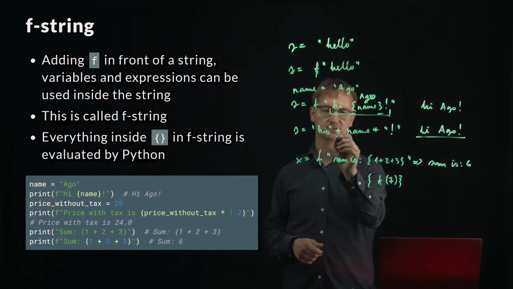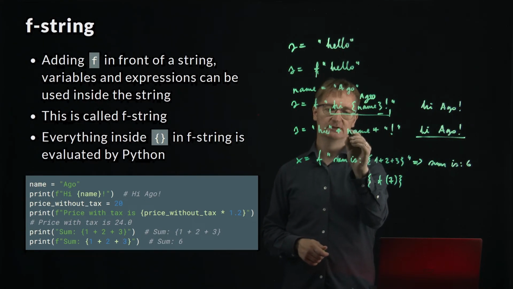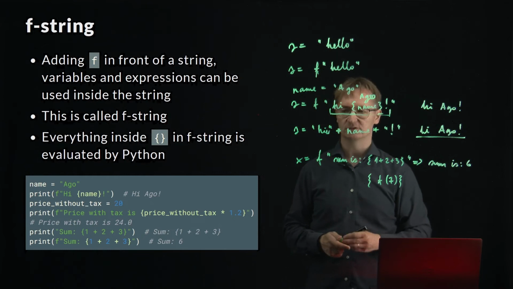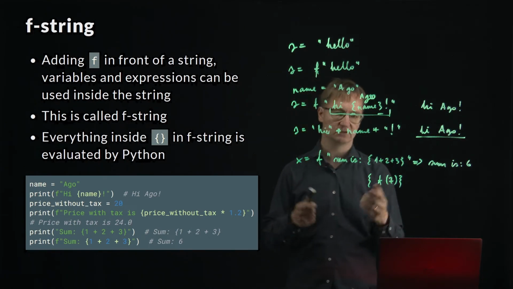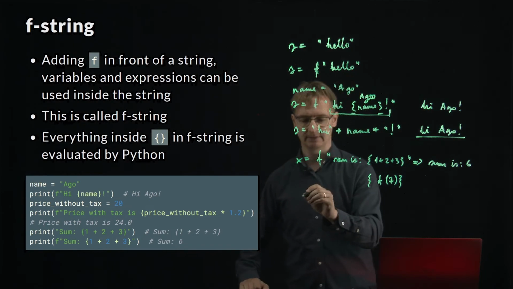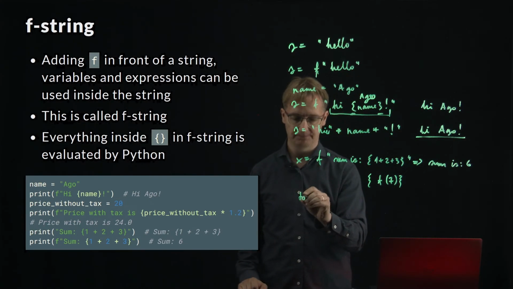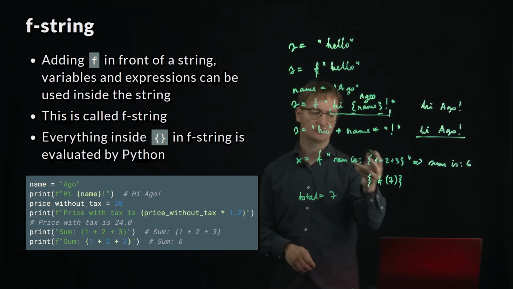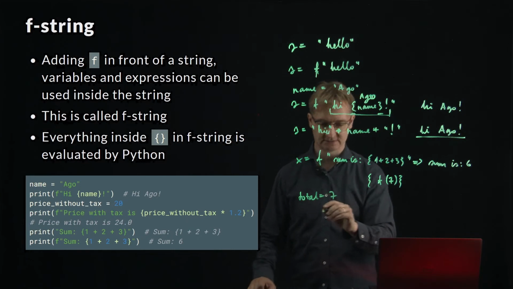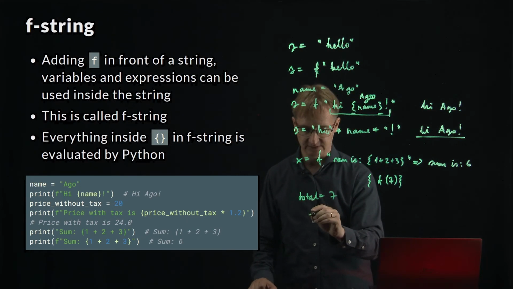Because as we saw here, we have to put the string together, and especially the name part is actually quite easy compared to, for example, a variable total, which is, let's say, 7. Now if I want to write that the total is 7, I have to write something like that.